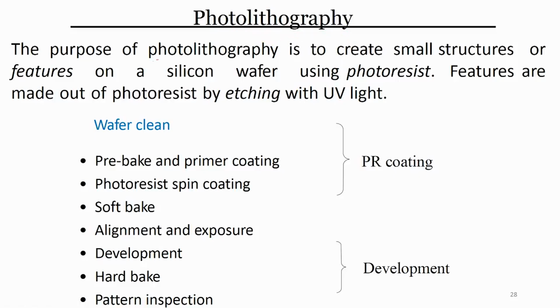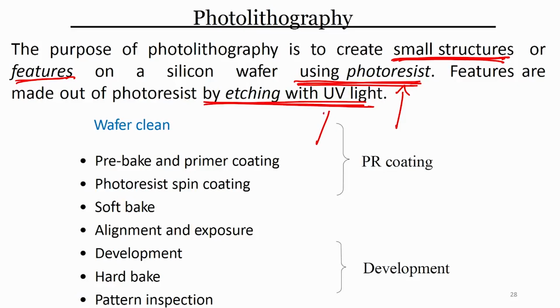The purpose of photolithography is to create small structures or features on a silicon wafer using photoresist. So, we should understand what is photoresist. Features are made out of photoresist by etching with UV light. So, understand how we can expose the wafer with UV light.